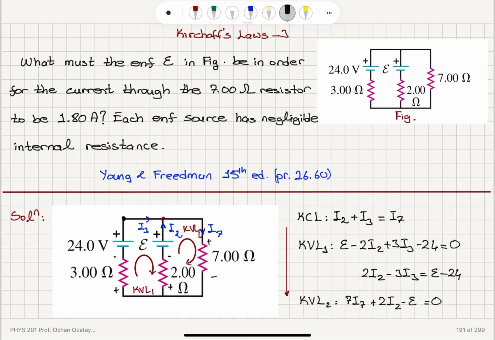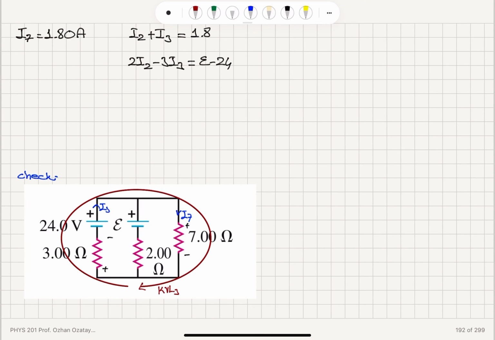That gives me 2I2 is equal to epsilon minus 7I7. So the KVL2 equation is 2I2 equals epsilon minus 7I7, so 7 times 1.8. That gives me epsilon minus 12.6.